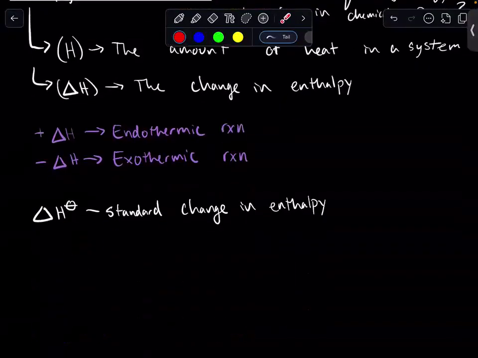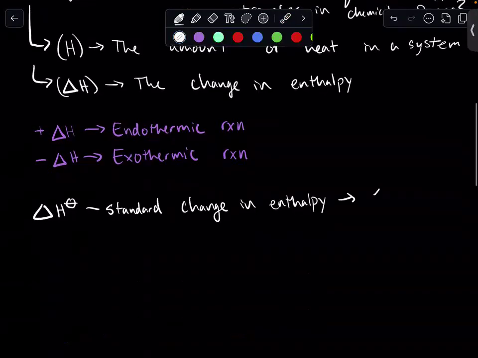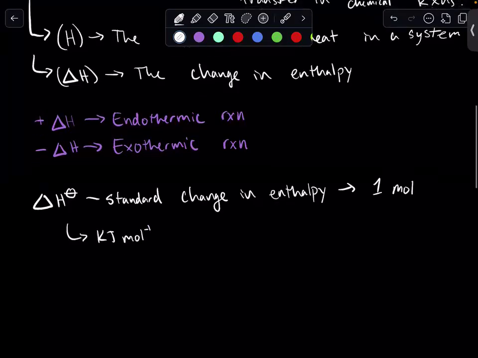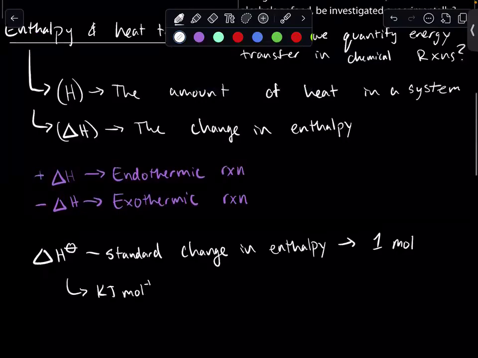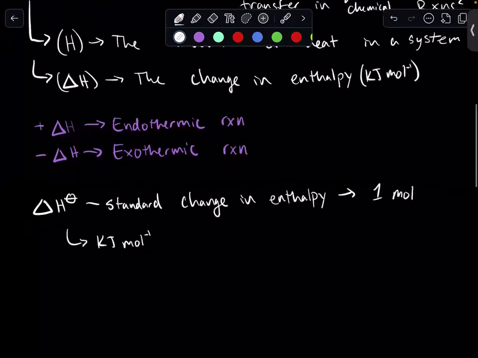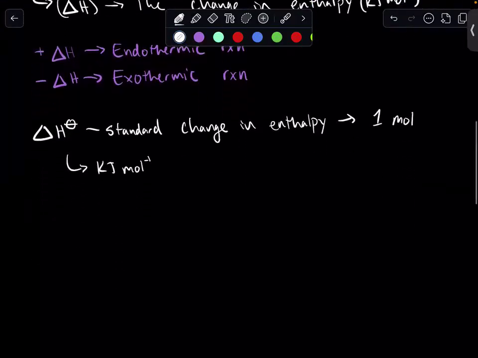But the other thing that makes it standard is we're usually referring to 1 mole of substance. So the change is per 1 mole. This is going to have units specifically of kilojoules mole inverse. So we're always referring to 1 mole. Now, this one up here will also have units of kilojoules per mole.